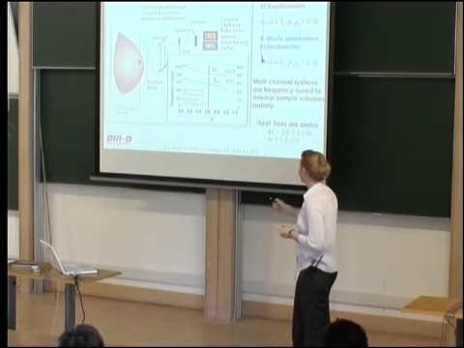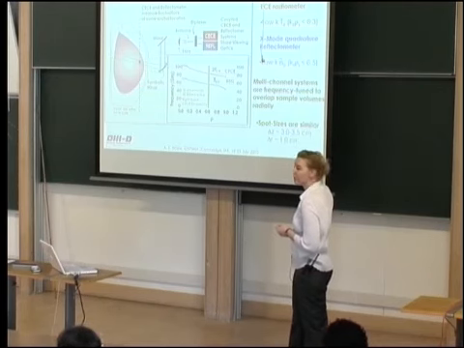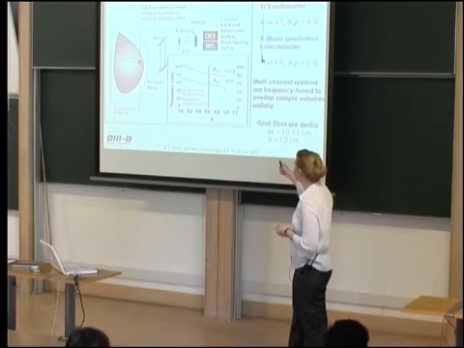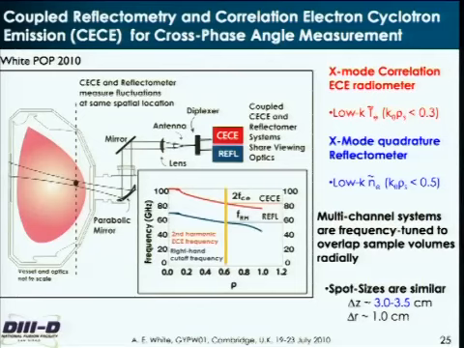Here, they're coincident, and the spot sizes are similar. So we're looking at long wavelength electron temperature fluctuations with one of the CECE signals, and we correlate that with one of the X-mode quadrature reflectometer signals, which is sensitive to the long wavelength density fluctuations locally. That gives us the information about the cross phase between density and temperature fluctuations that we can extract from the cross power spectrum.